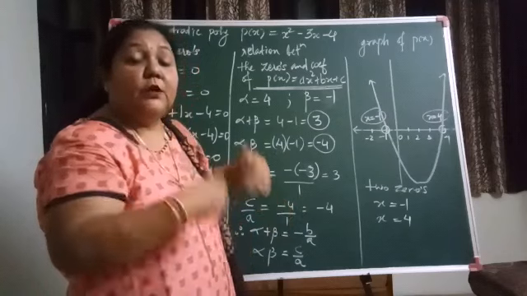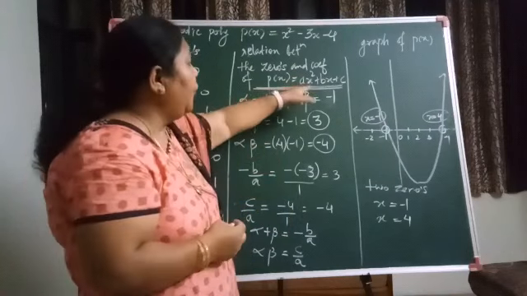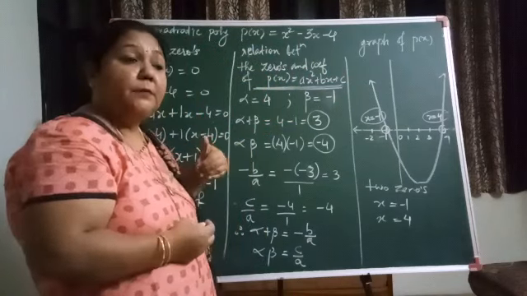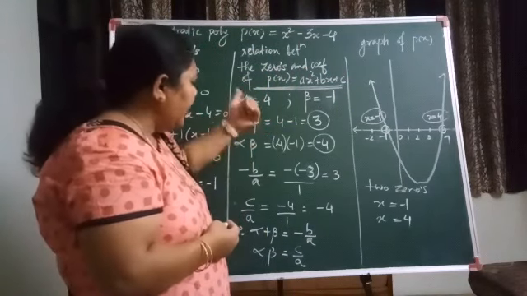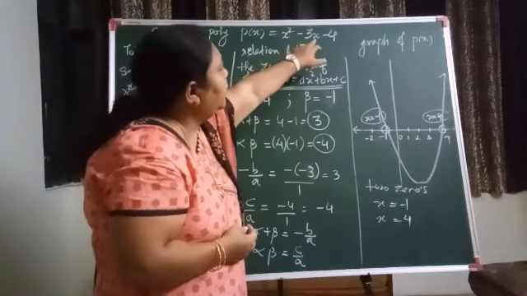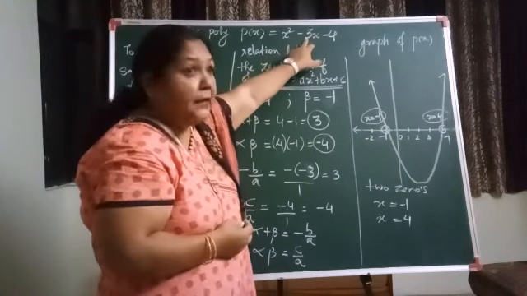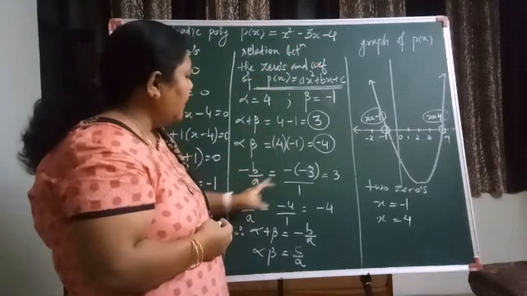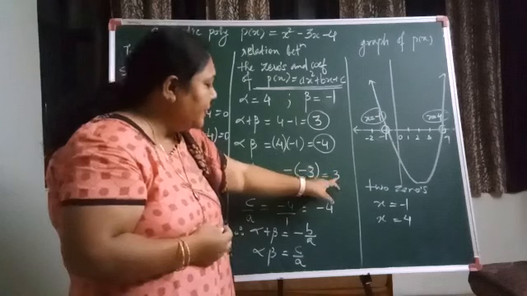Now you want to take a relation between the coefficients a, b, c and the zeros of the polynomial. So take the value −b/a. The coefficient of x is called b. So what is b for you? −3. So minus of −3, that is +3.